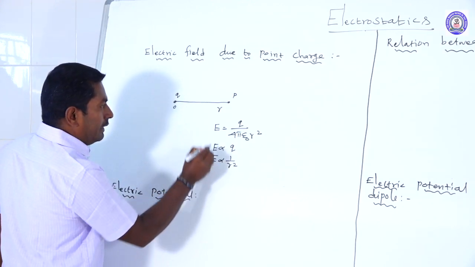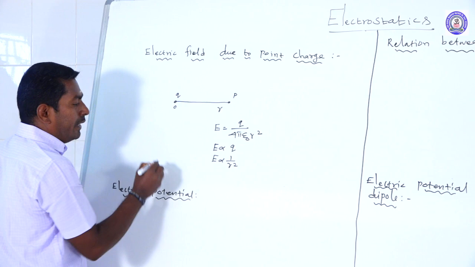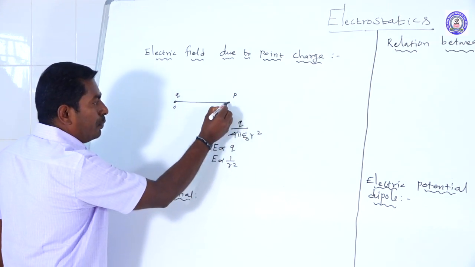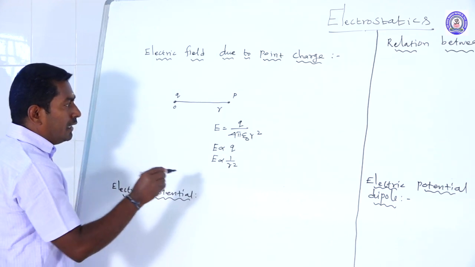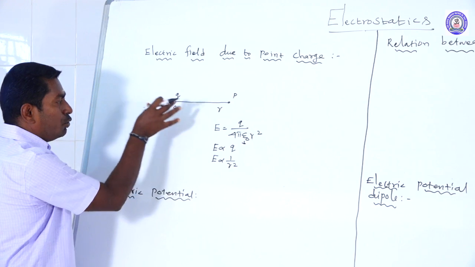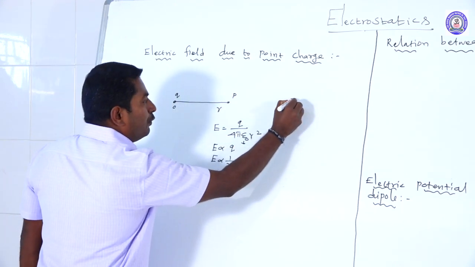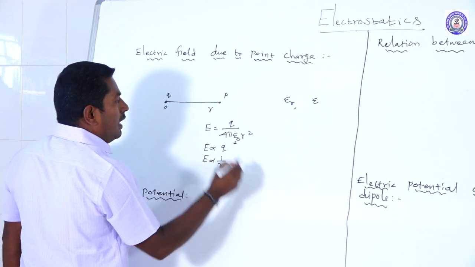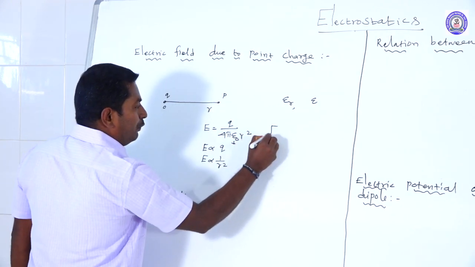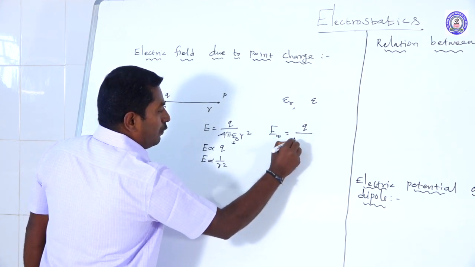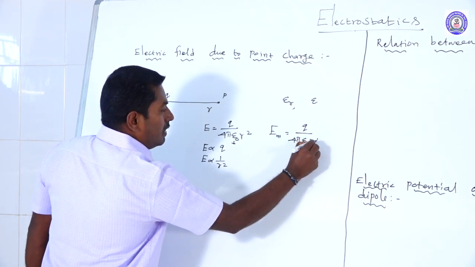The electric field intensity at a point P due to a point charge depends not only on the magnitude of charge and the distance of the point from the point charge, but also on the medium. If the entire system is situated within a medium of relative permittivity epsilon or a medium of permittivity epsilon, then at that same point the electric field intensity in the medium is Q divided by 4 pi epsilon R square.